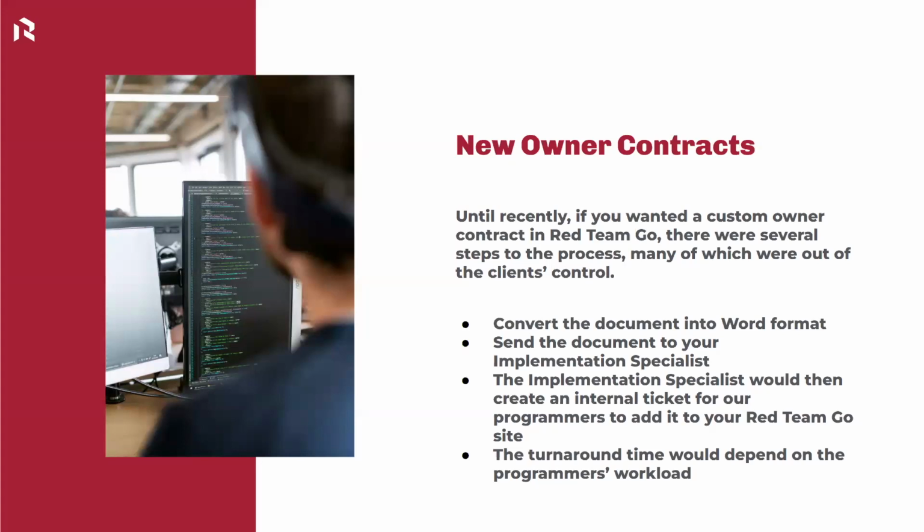So like I said, we were more than happy and able to accommodate your request and to program your custom owner contract document. But there was a bit of a process before, so we recognize that and we put some work into it. And again, if you've used the prior version of the owner contract module before, I think you're going to be very pleased with the new version of it.